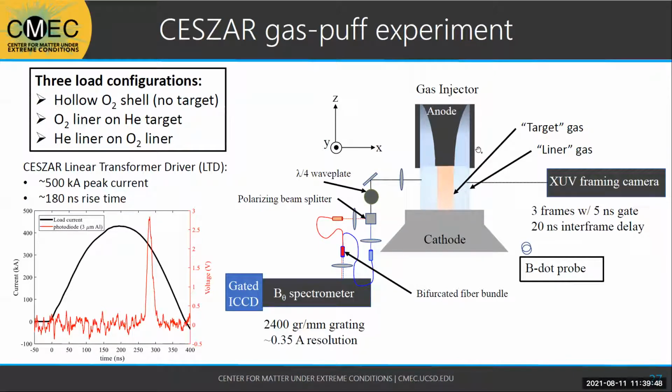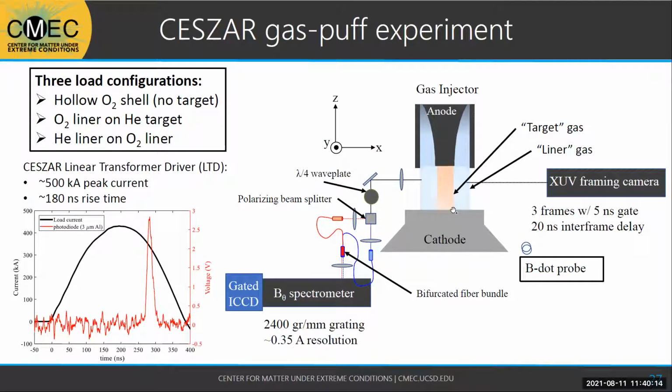One thing that we were able to do on our machine, though, is not only fire hollow oxygen gas puffs, but multi-gas puff setups. So we have what's called a liner on target arrangement, where we have the outer gas shell and an inner jet.